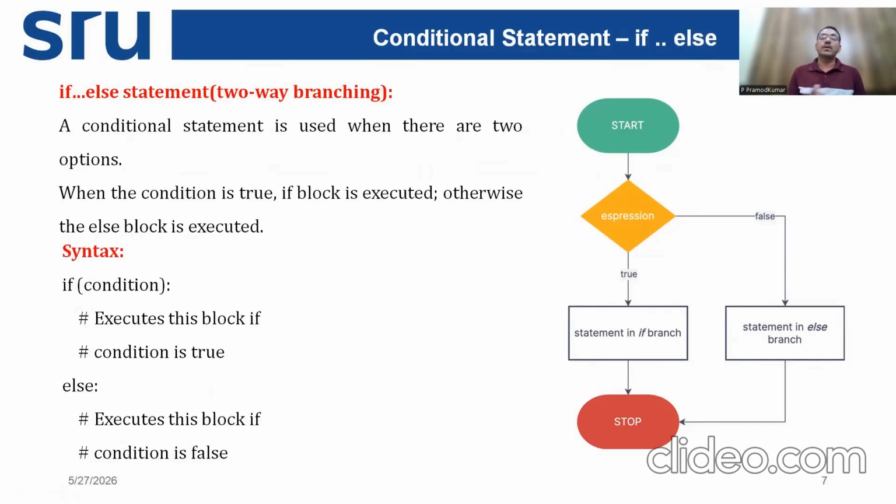The true block is for the true case and the false block is for the false case, right? So if I want to do it, I have to create just two separate blocks. I have to attach one block of statements to the if and another block of statements to the else. The else block is for false and the if block is for true, right?